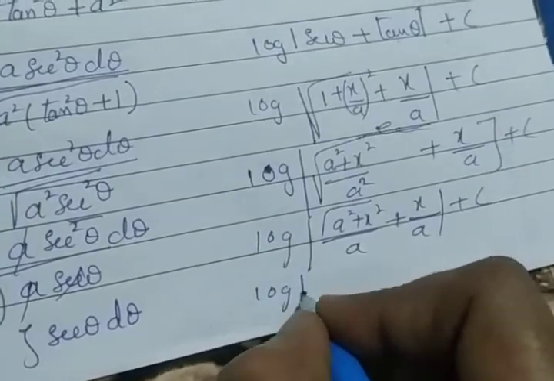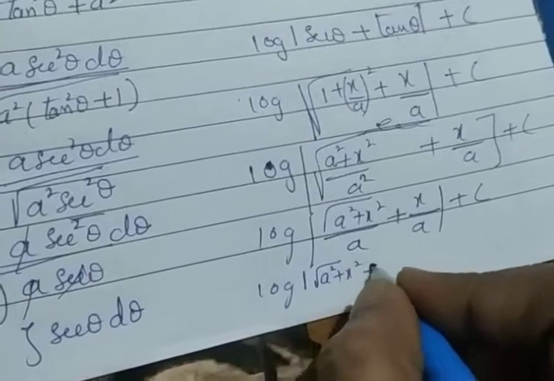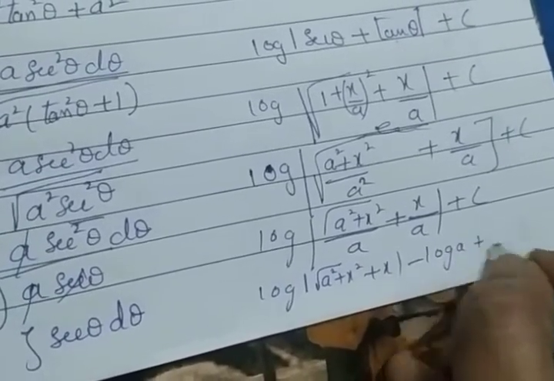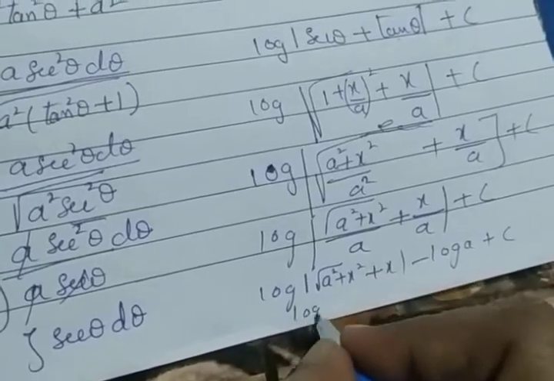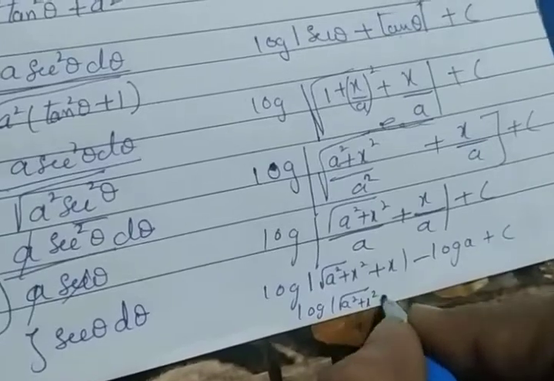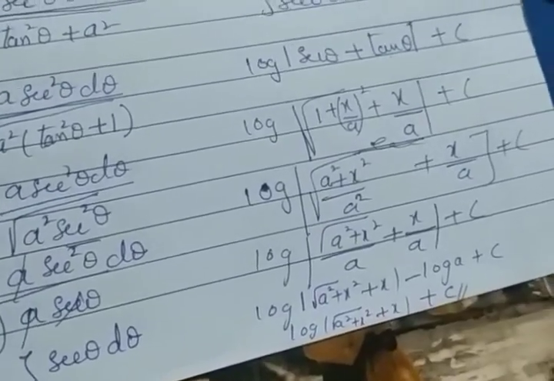Log of root of x square plus a square plus x, minus log a plus c. So log of root of a square plus x square plus x plus c, which is the required answer.